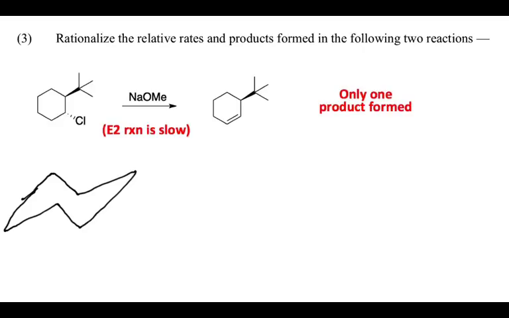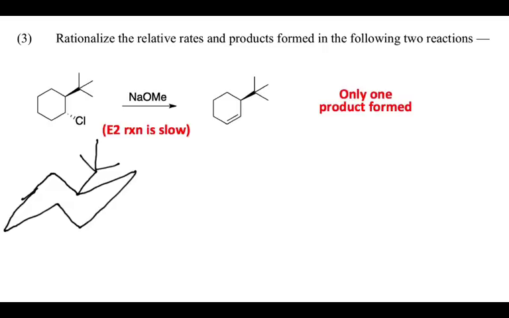So good. The butyl group here, most of the time, is going to want to be equatorial. So I need to find somewhere that's pointing up and equatorial. It could just be here. Perfect.